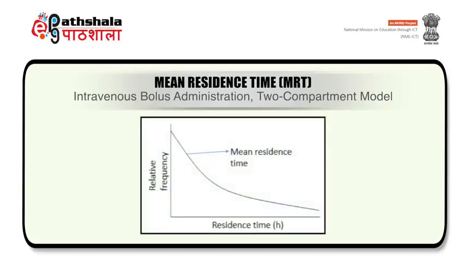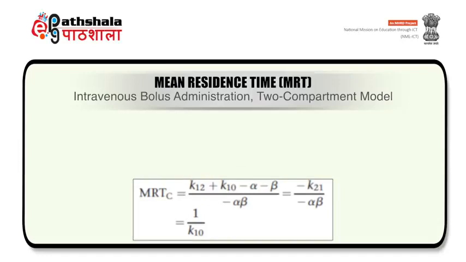The figure shows here the distribution of residence time for a typical two-compartment intravenous bolus model with total MRT indicated. Therefore, to determine how much of the total MRT is spent in each of these two compartments, the MRT in the central compartment, that is MRT C, and the MRT in the peripheral compartment, that is MRT peri, is also indicated. MRT C can be calculated as 1 over K10.